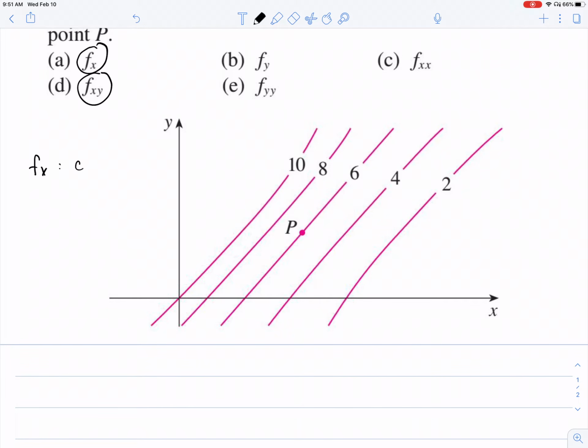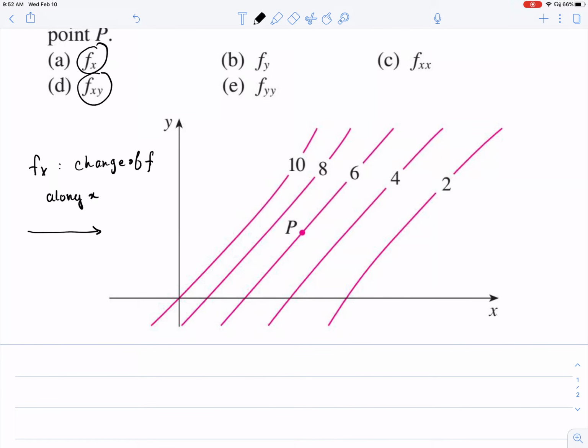That means the change of f along x. When x is increasing in this direction along x, if the value gets smaller, then the slope is negative, the derivative is negative. If the value gets bigger, then we have positive slope.